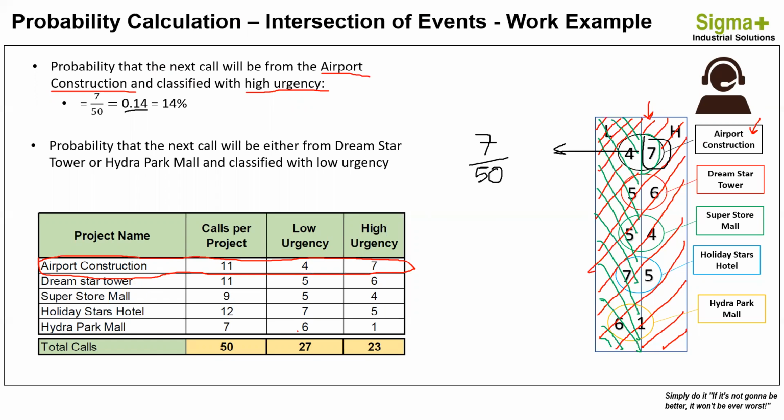Then secondly, the call should be high urgency, so again I will highlight the column of the high urgency. And as you can see, the intersection area is the number 7. So from there we can calculate the probability by simply dividing the number 7 by 50, which is equal to 14%.